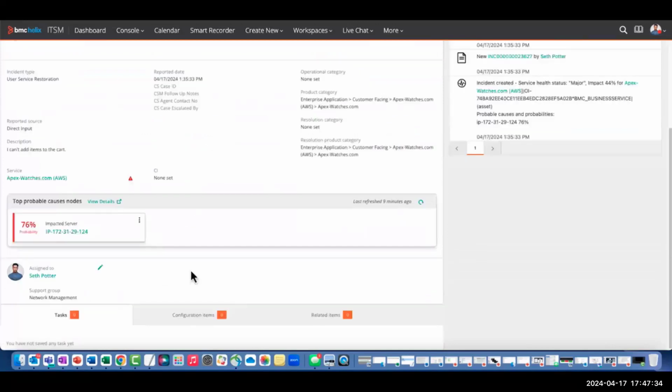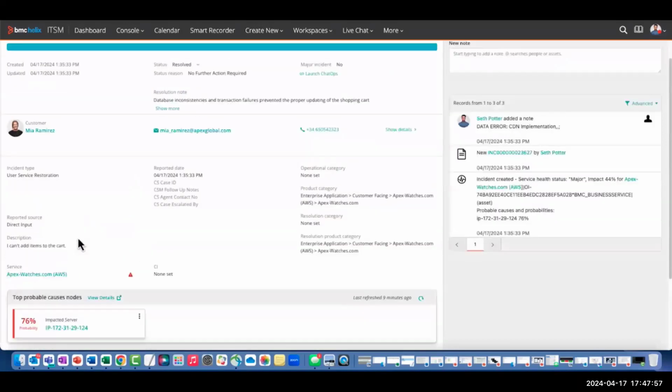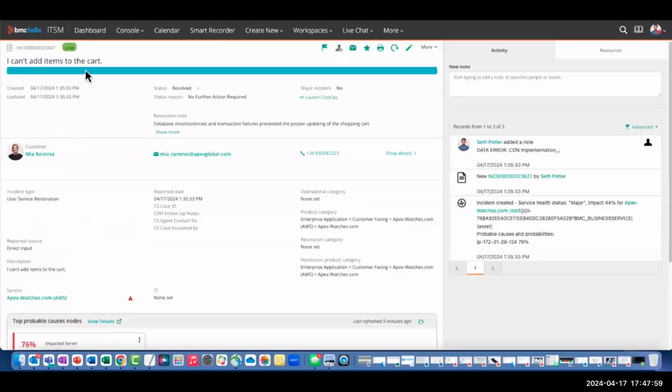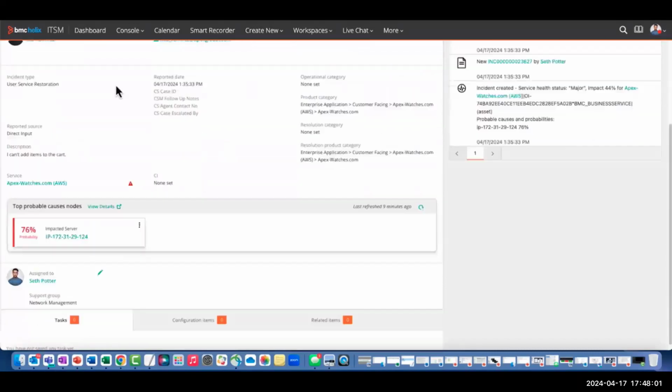But if we scroll down, we can also see that using AIOps, we're able to see a top probable cause of which node is causing the problem. So we have an impacted server, we have the IP address, we have a probability of this actually being the impacted server, which is causing the problem of not being able to add items to the cart.